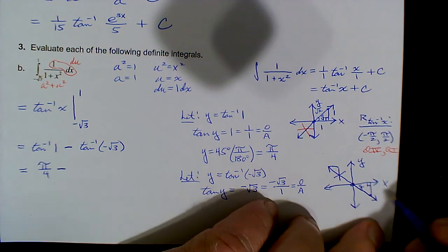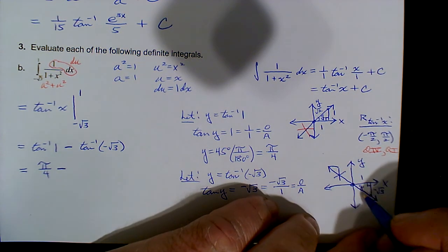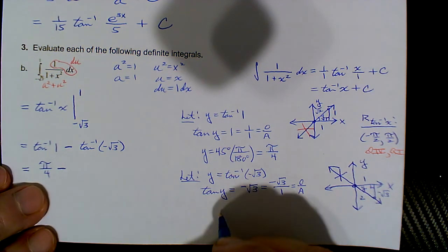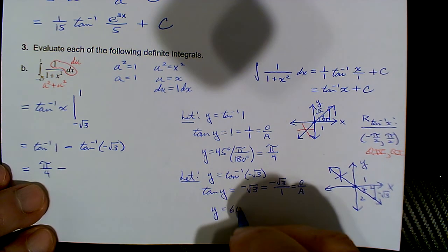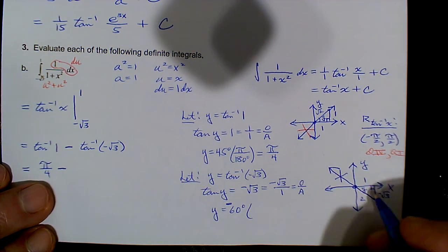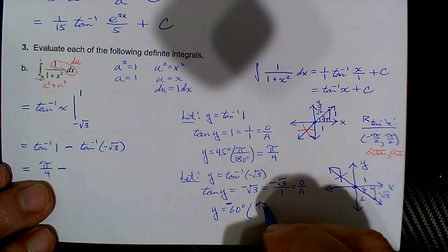And then opposite side, negative radical 3, adjacent side 1. Immediately you should recognize that as our 30, 60, 90, where the hypotenuse is 2. And so the angle y, being opposite radical 3, must be 60 degrees. But it's going to be negative because we're measuring it clockwise.